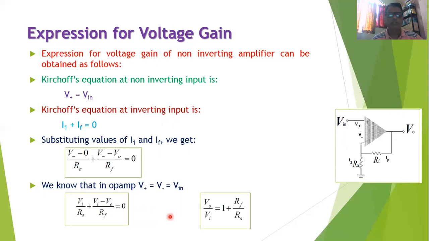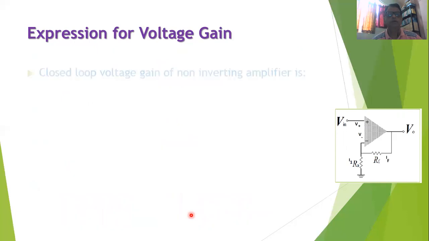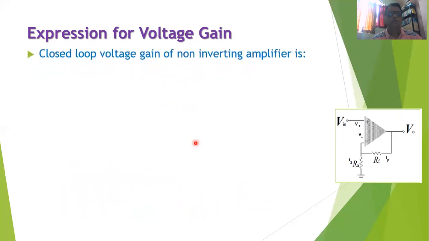If we rearrange this equation, we get the expression Vo divided by Vi is equal to 1 plus Rf divided by Ra. So we can say that the closed loop gain of the non-inverting amplifier is given by Vo divided by Vi is equal to 1 plus Rf divided by Ra.